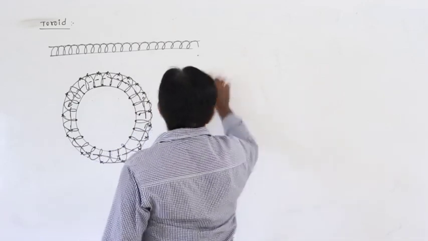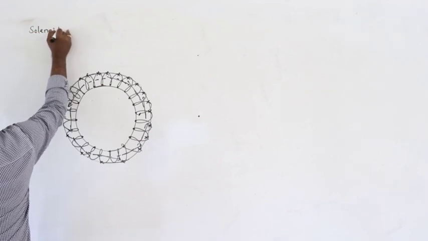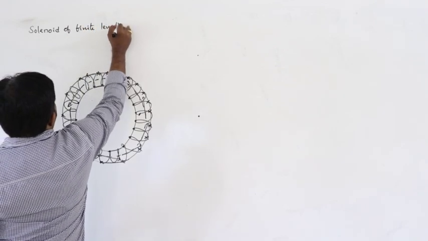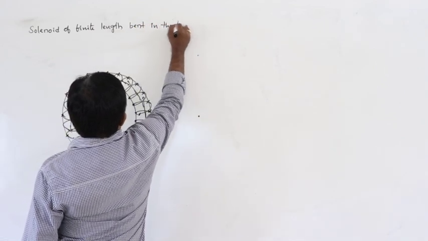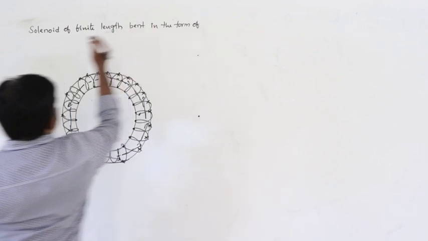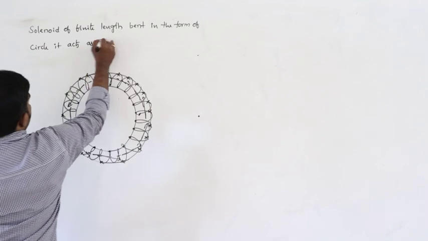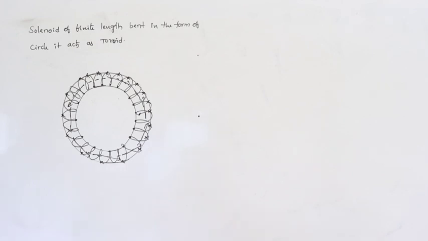A solenoid of finite length bent in the form of a circle acts as a toroid, like this.